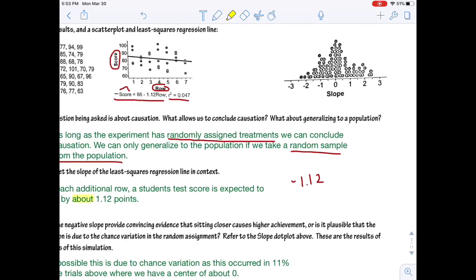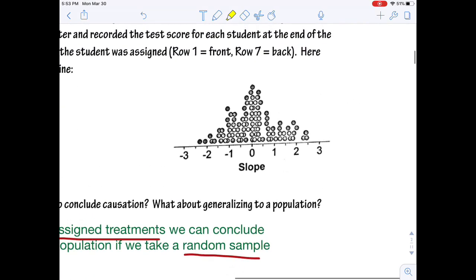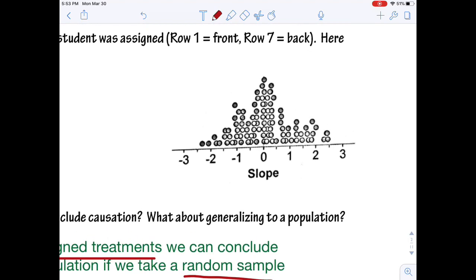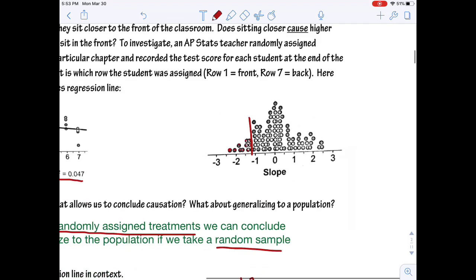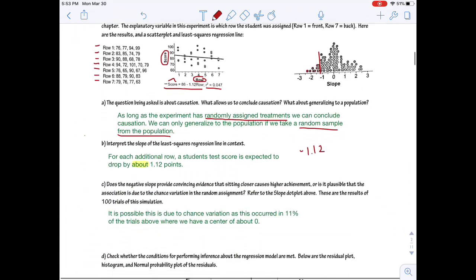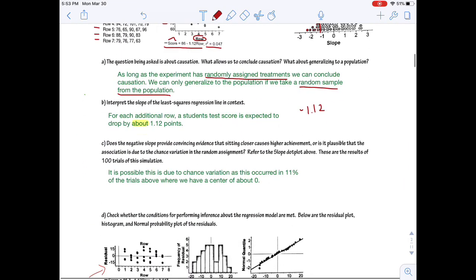Well, if we look at this table here, this is a table of doing this 100 times and getting a certain slope. So we'll notice it's centered around 0. That negative 1.12 falls right about here, which we see we have 1, 2, 3, 4, 5, 6, 7, 8, 9, 10, 11 that are more extreme than that.